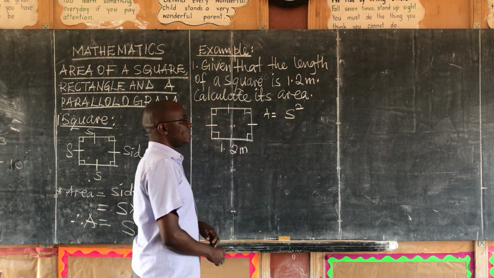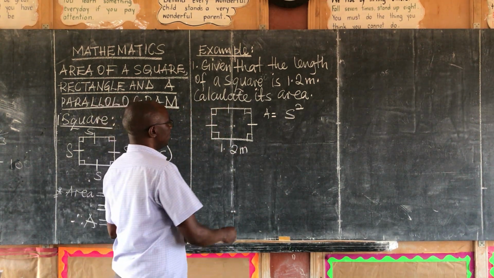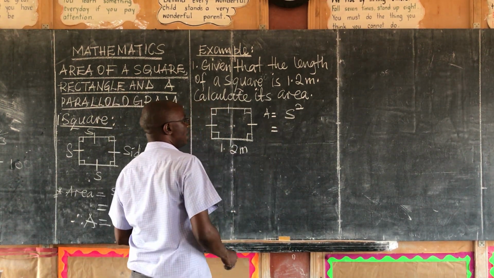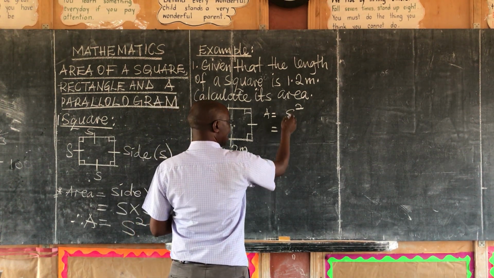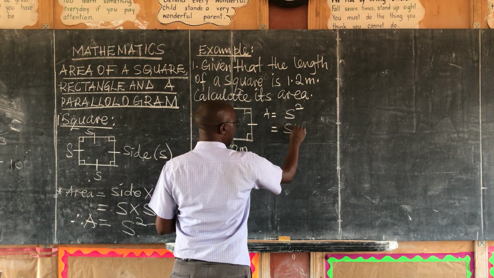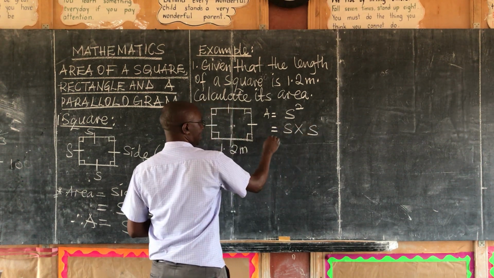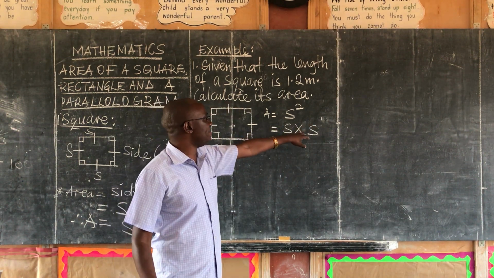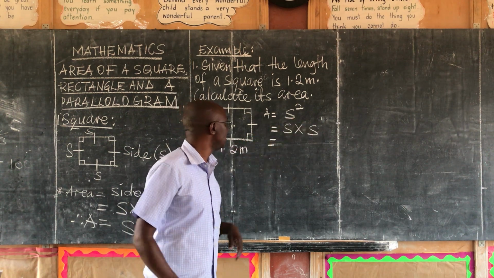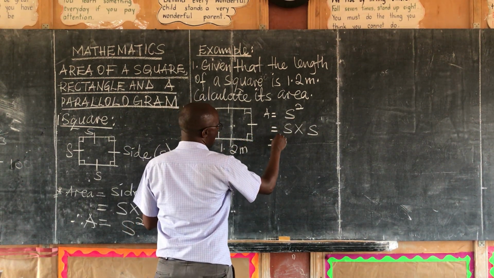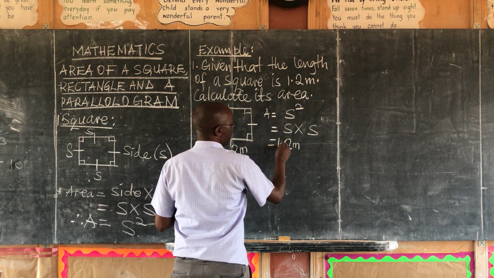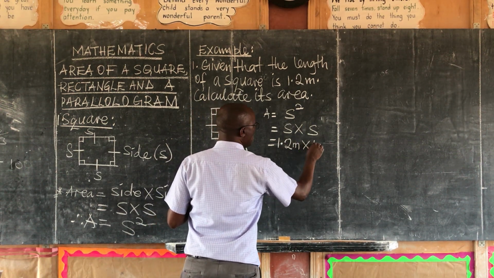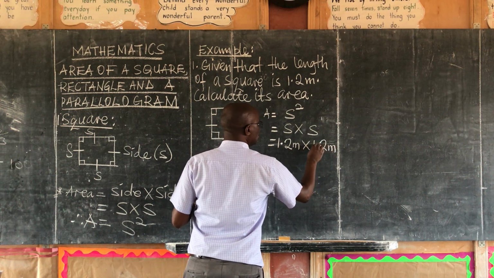Area of a square is equal to S squared. S squared is the result of multiplying the side twice. S squared implies S times S. It means S times S. So which is 1.2 meters times 1.2 meters.